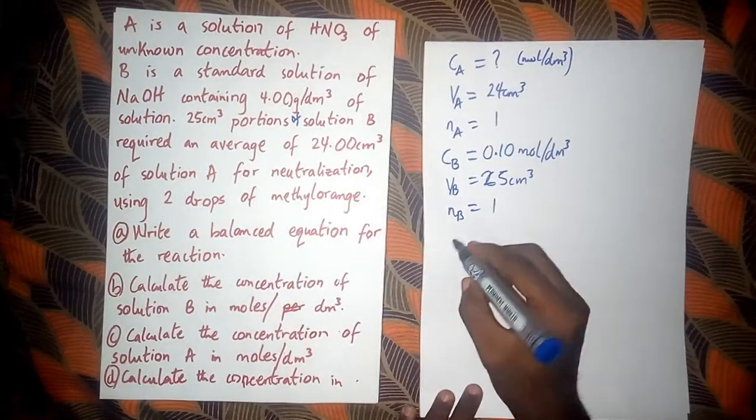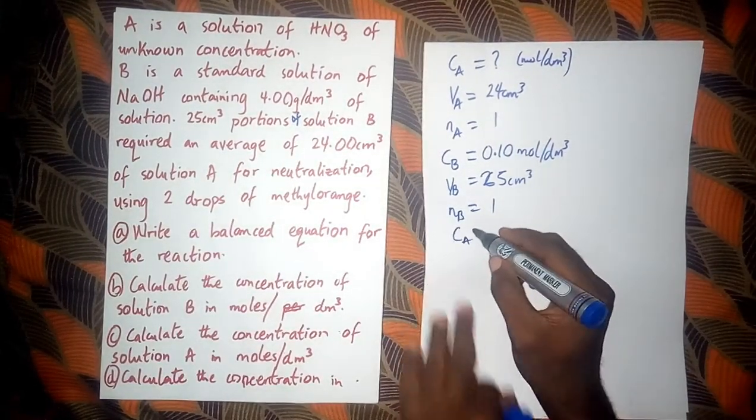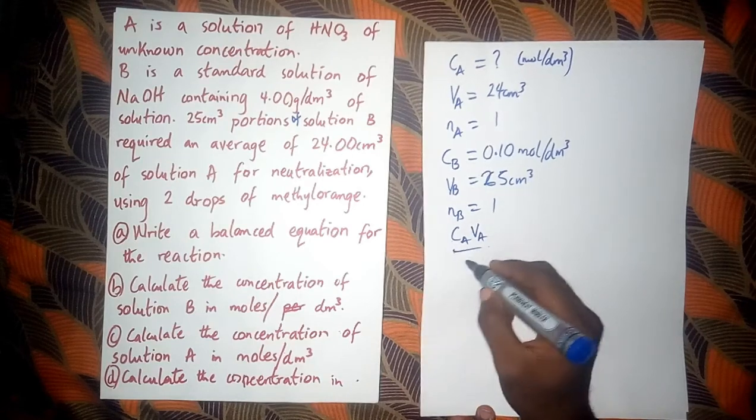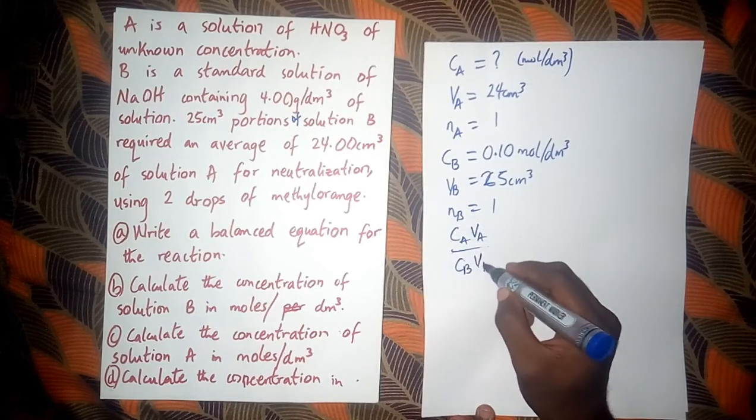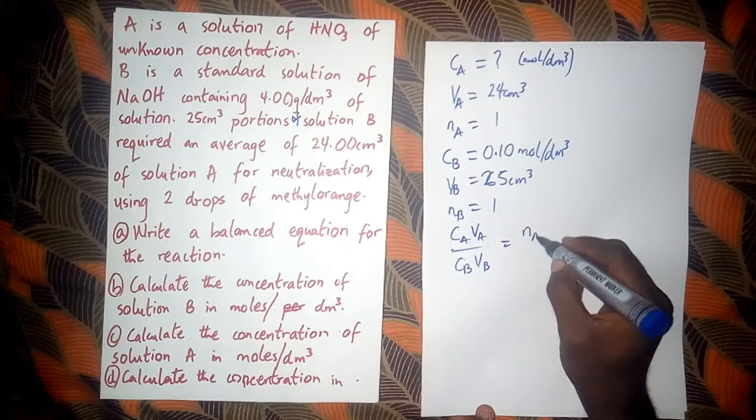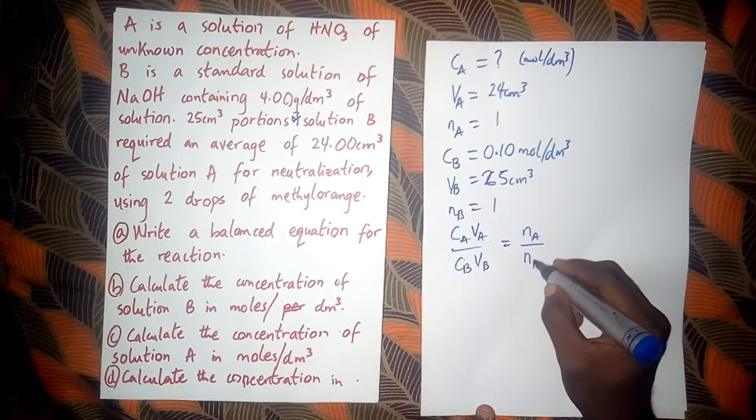So we are applying the equation CA VA over CB VB equals NA over NB.